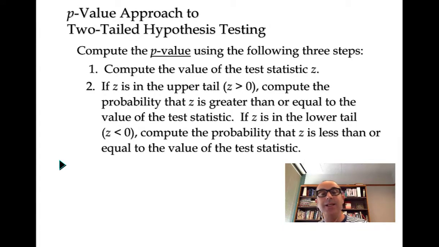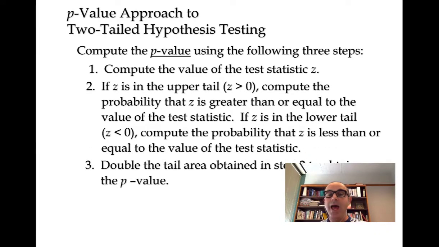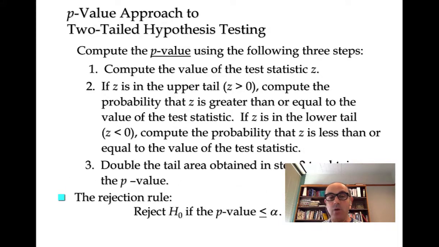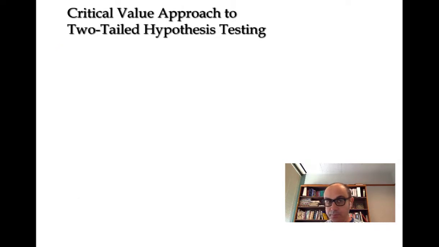And if z is in the lower tail, we compute the probability that z is less than or equal to the value of the test statistic. And we double the tail area obtained in step 2 to obtain the p-value. So the rejection rule is if the p-value is smaller than the significance level.